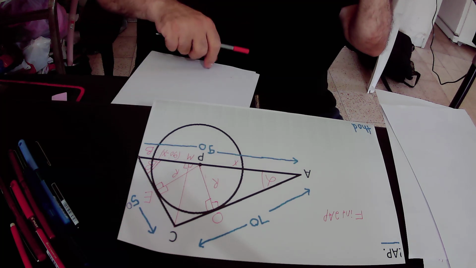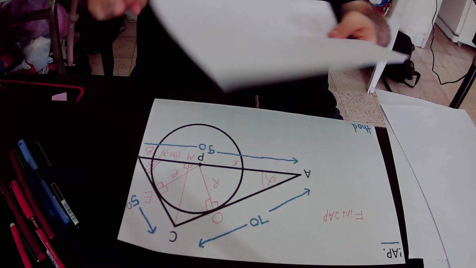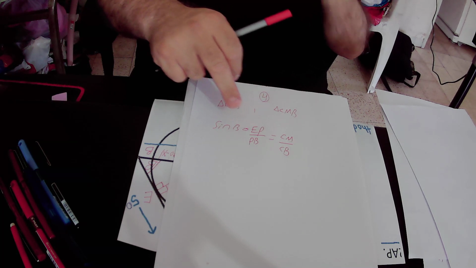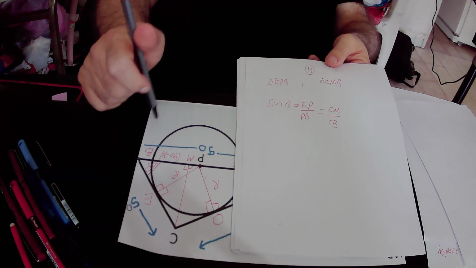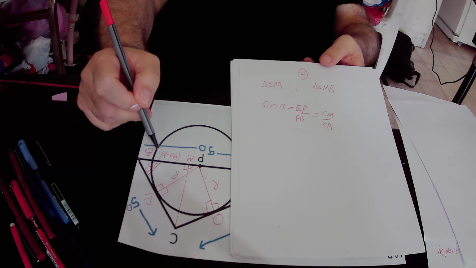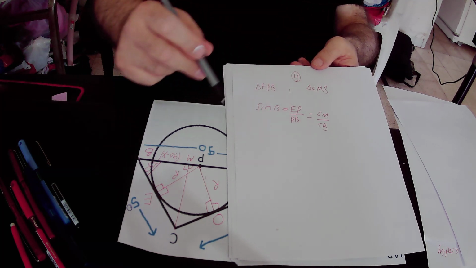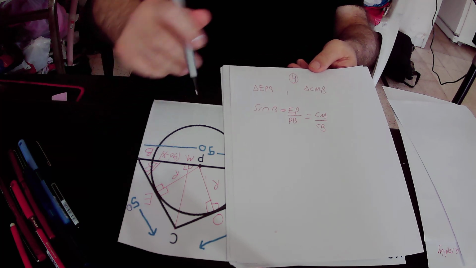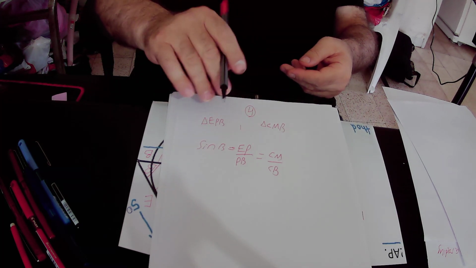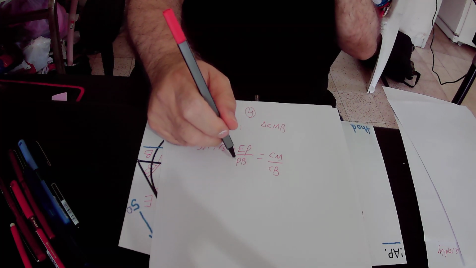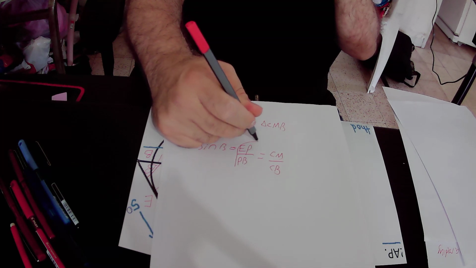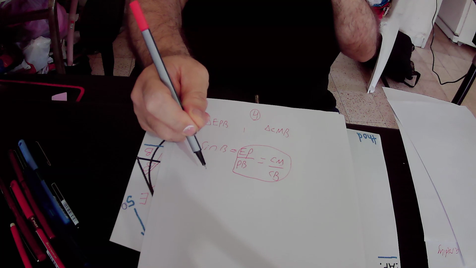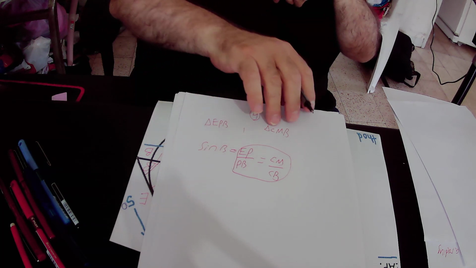So in total, we got that sine beta equals EP over PB, that equals CM over CB. We will copy this equality and call it equation number 2.